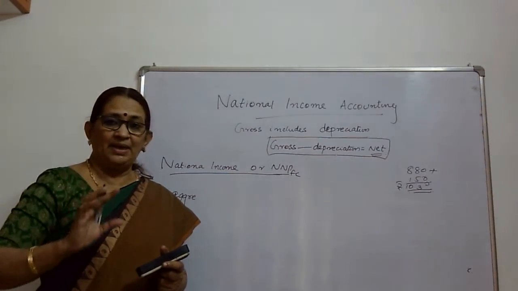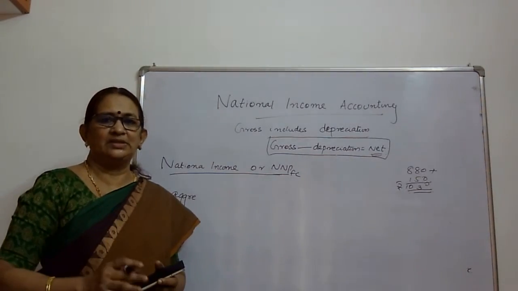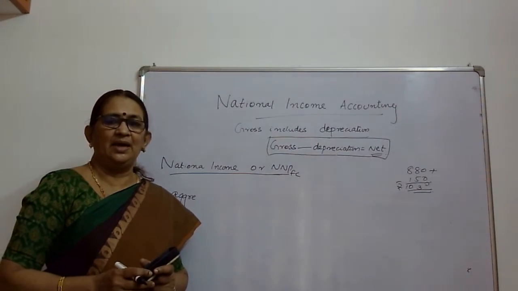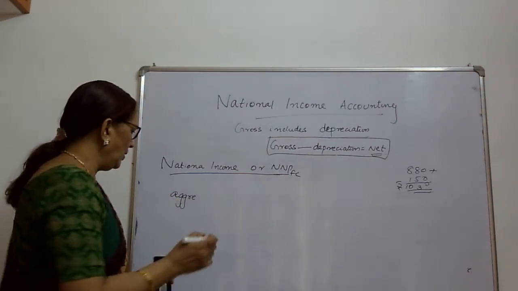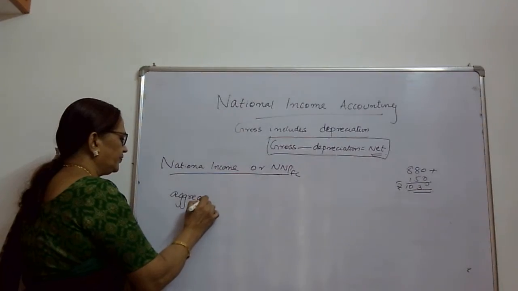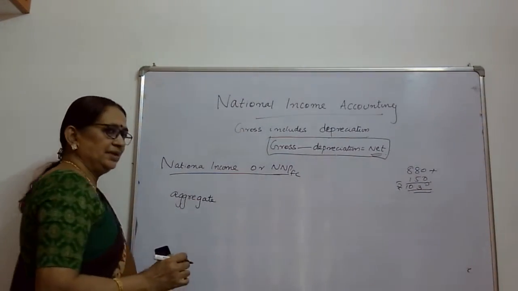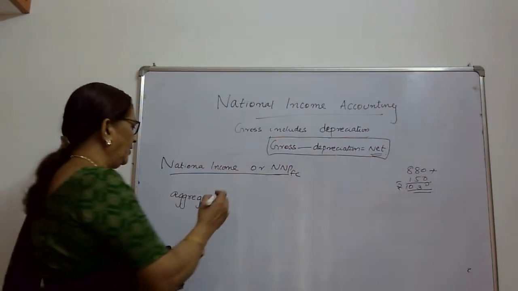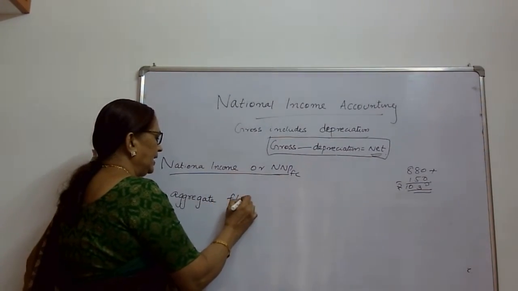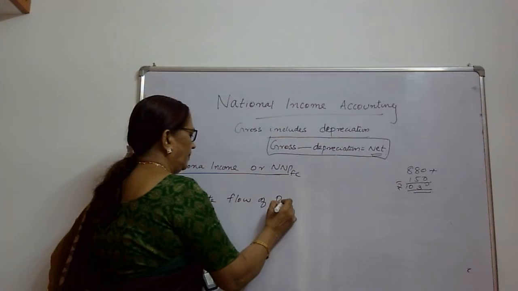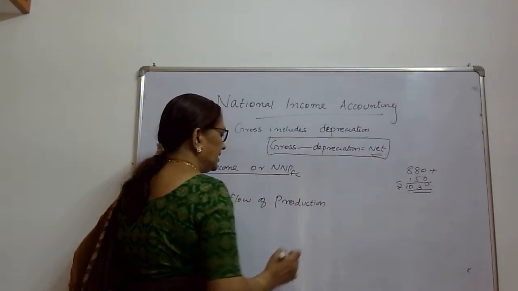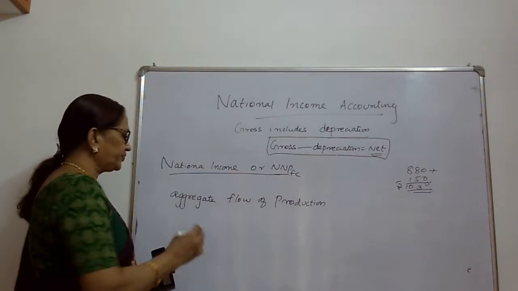So the money value is taken of all the goods and services, otherwise it cannot be calculated in a proper form. So aggregates. So national income is the aggregate flow of production, that is the total production of goods and services in a country.